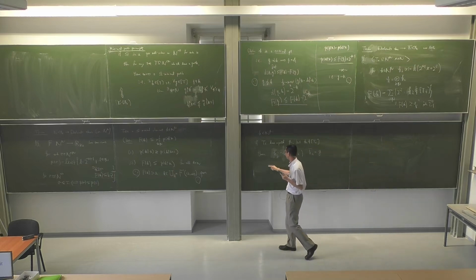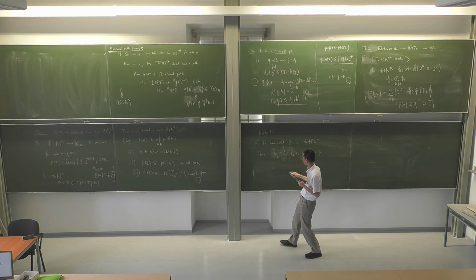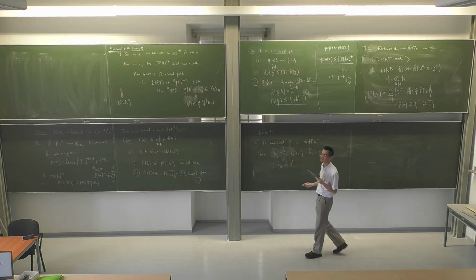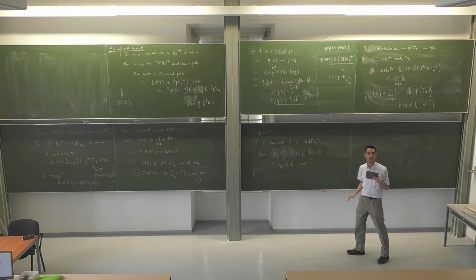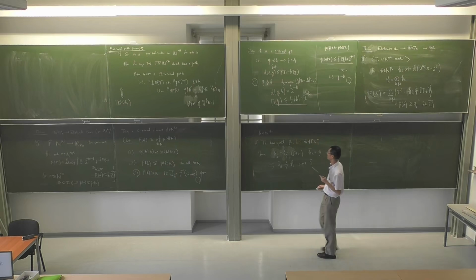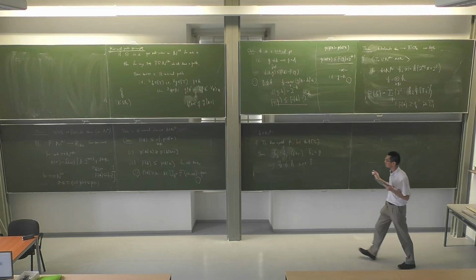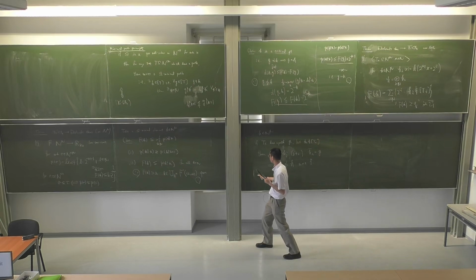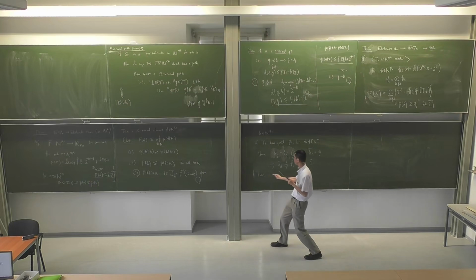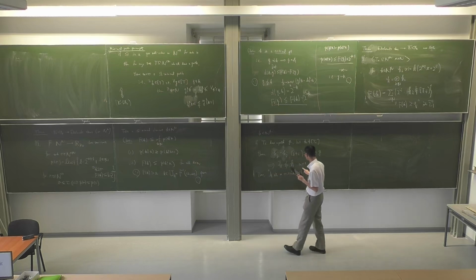Then H bar is always below H with respect to this f, and H is not. So this means that H is a critical point.